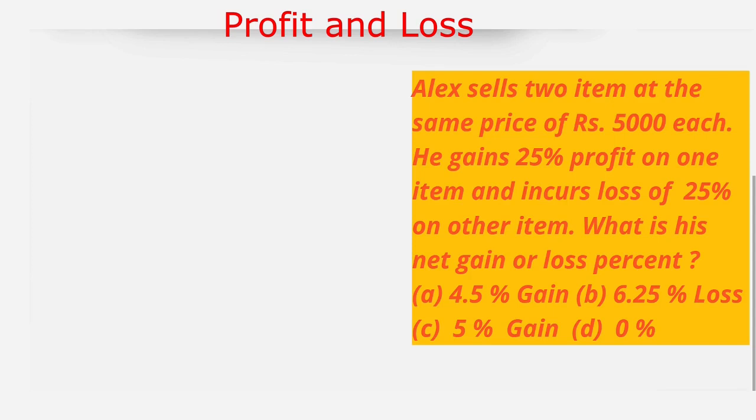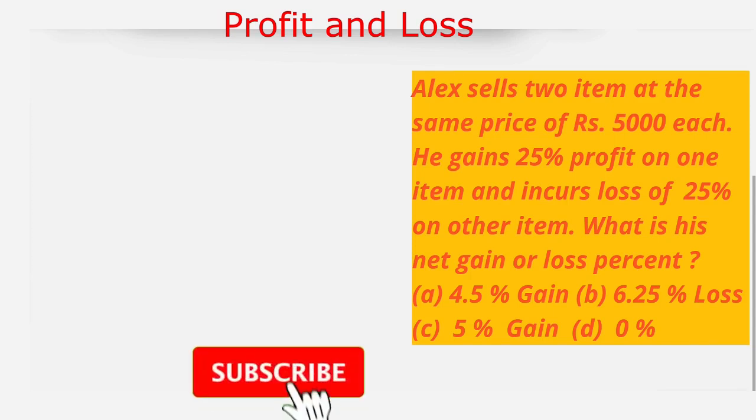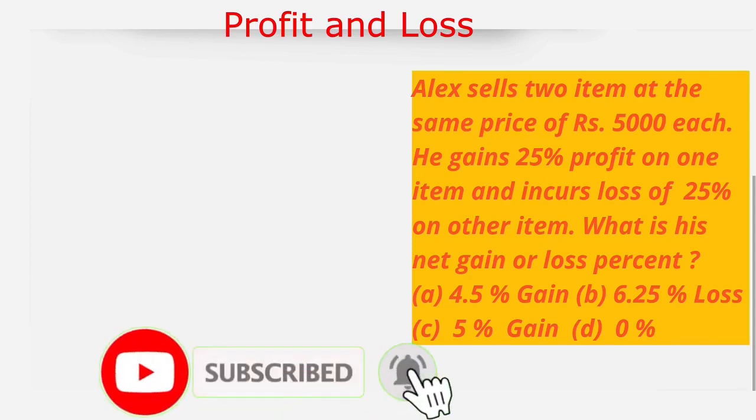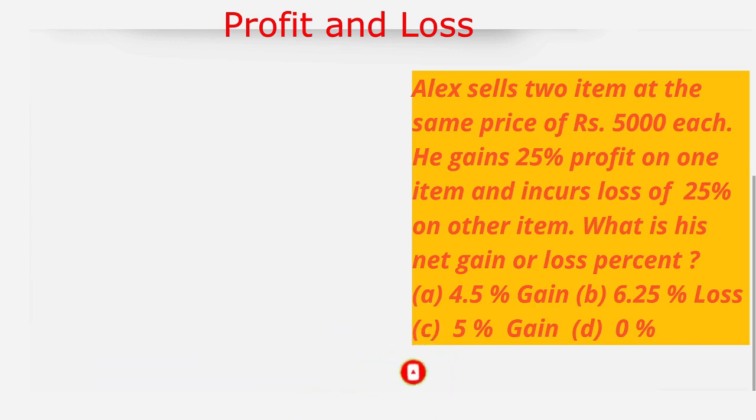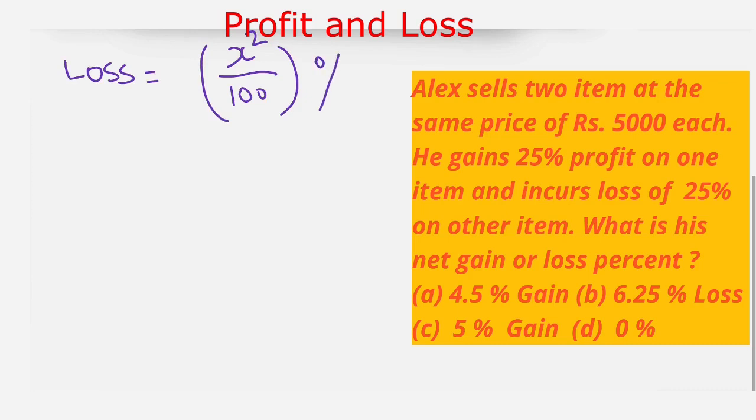We solve the question like this. If 2 items are sold at the same price, one at a profit of X% and another at a loss of X%, then there is always a net loss, and that is given by loss equal to X square upon 100%. Here the percent is the same, which is 25.